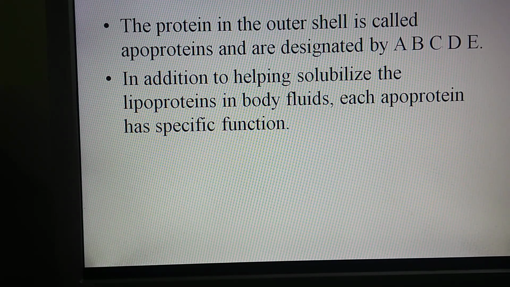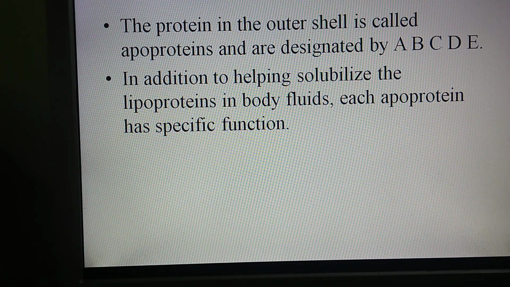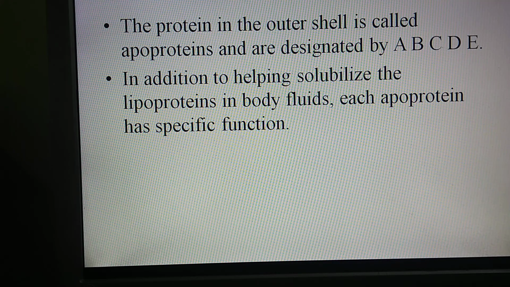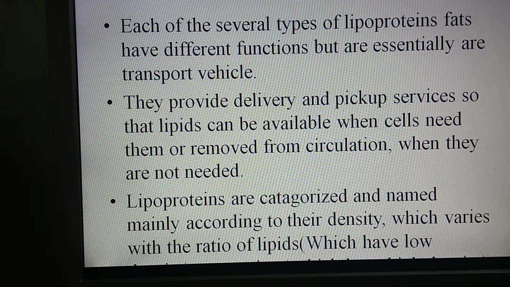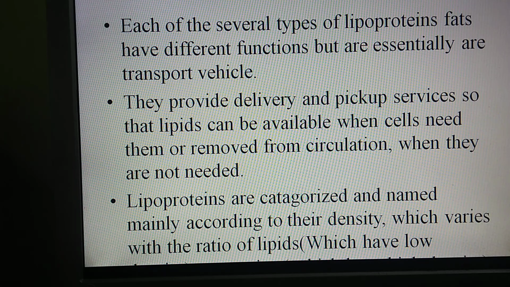Now in lipoproteins, the protein in the outer shell is called apoprotein and is designated by A, B, C, D, E. In addition to helping solubilize the lipoprotein in body fluids, each apoprotein has a specific function. Each of several types of lipoproteins have different functions but are essentially transport vehicles.